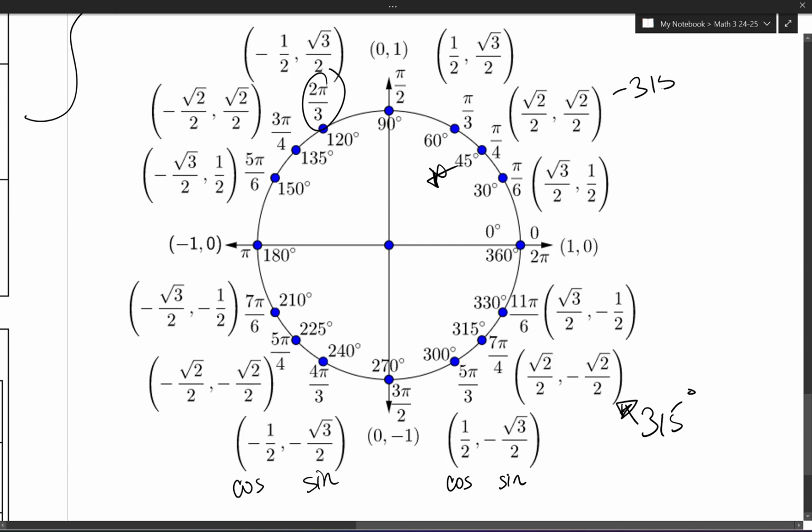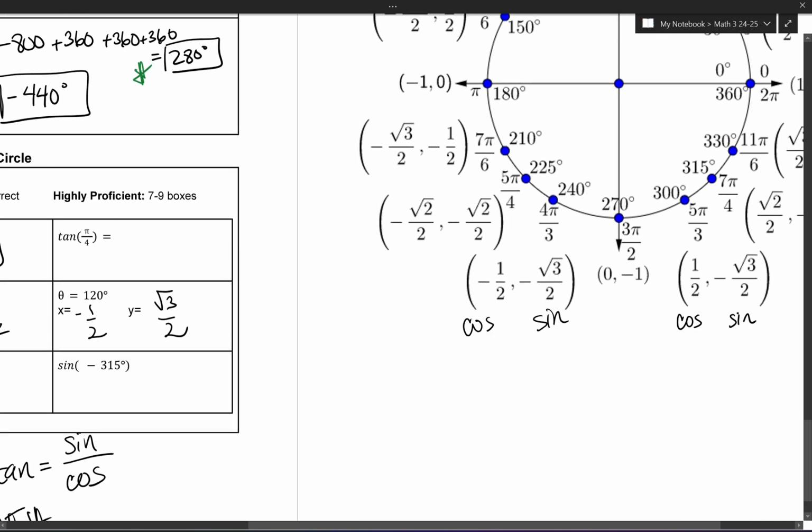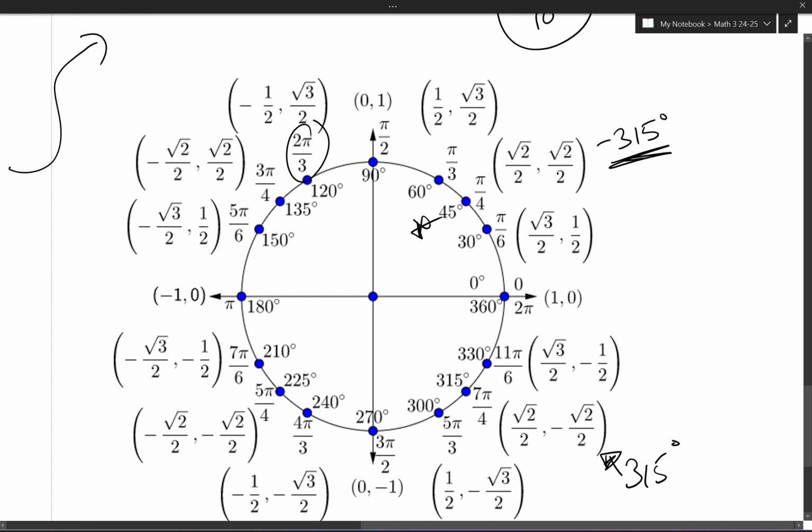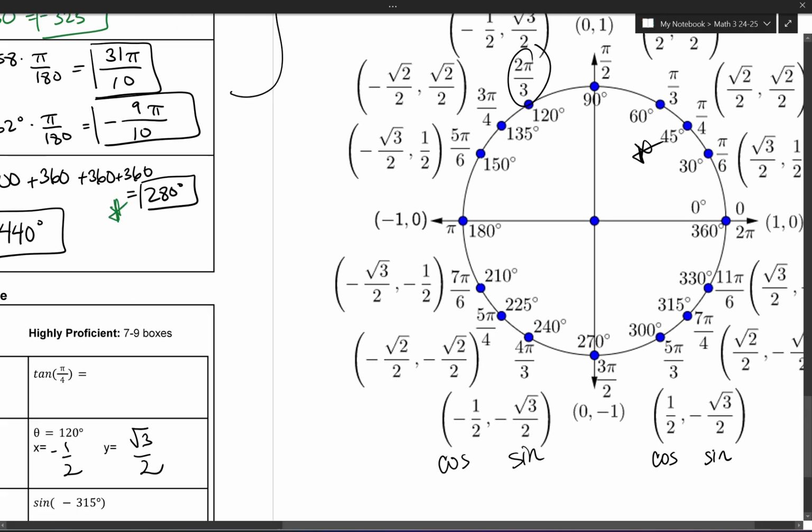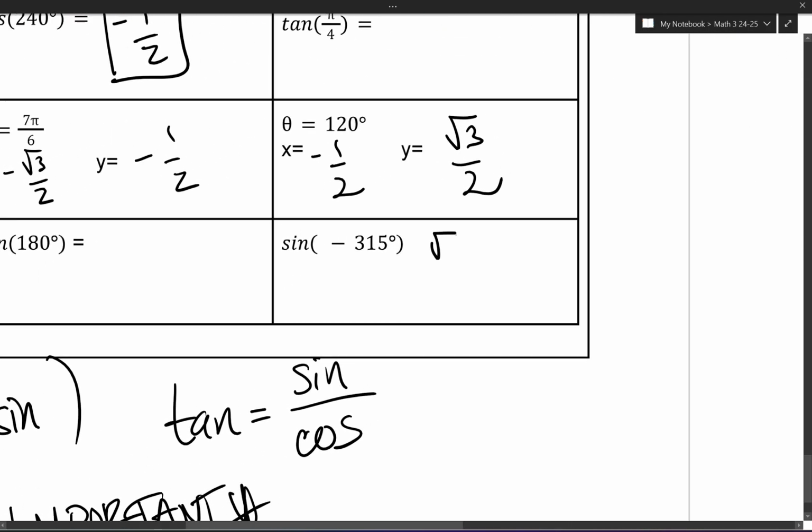This is negative 315 degrees up here. That's where we're looking. The problem is, give me the sine of negative 315 degrees. You're going to look at the y value, which is the same as the x value in this instance. Square root of 2 over 2.